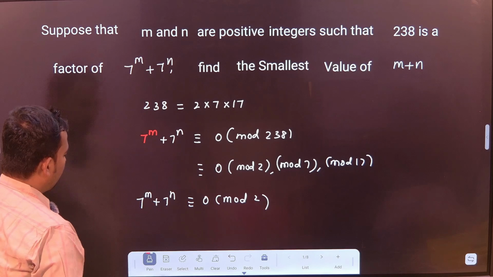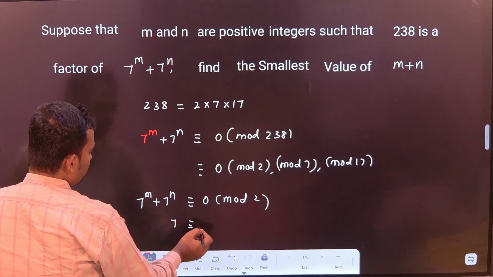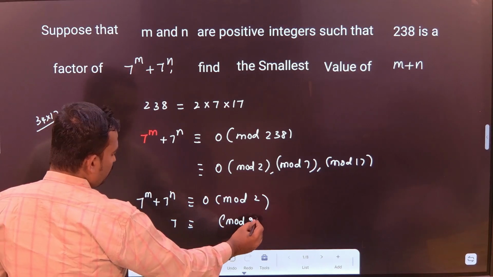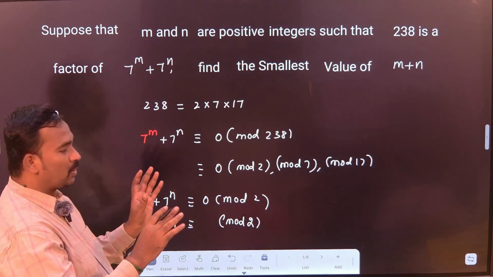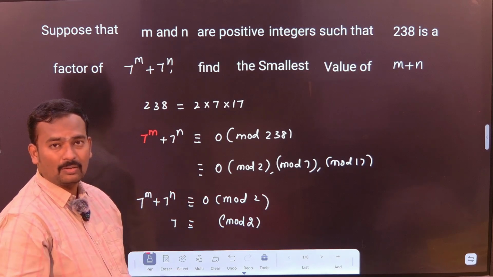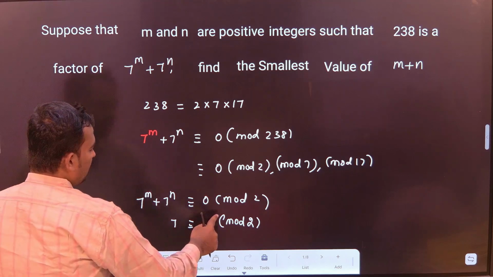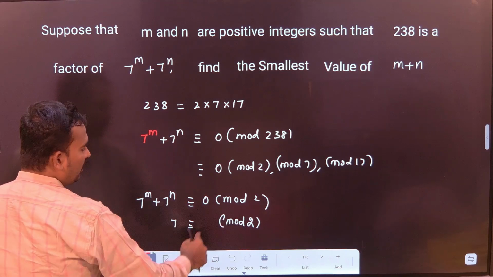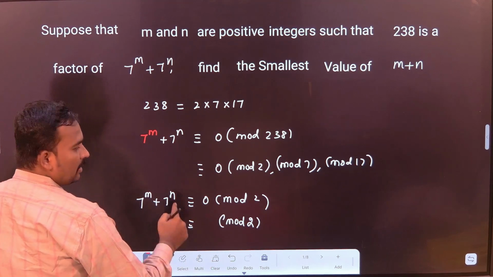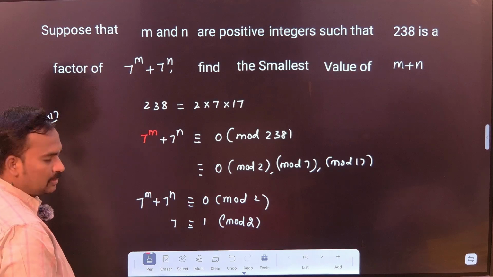When you divide 7 by 2, what is the remainder? If you don't have any idea about congruence, please watch my channel, where a short congruence video is there. 3 times 2 is 6, so the remainder is 1. Clear?